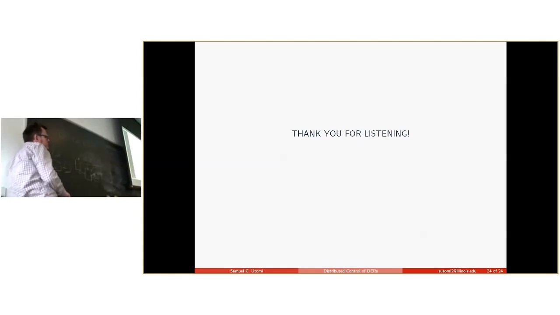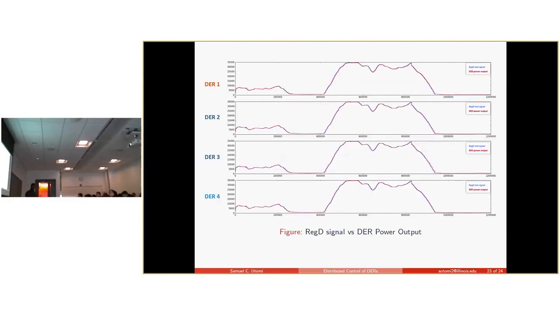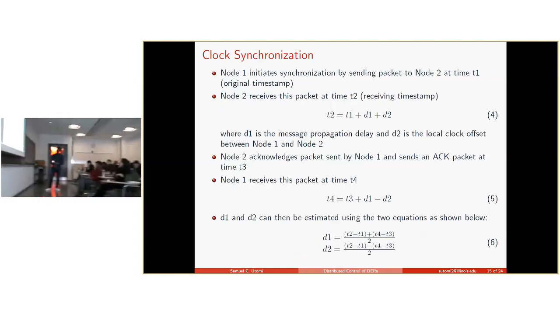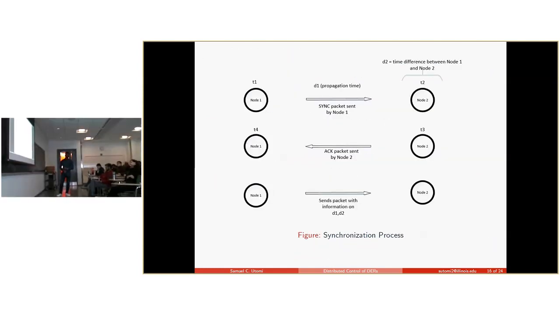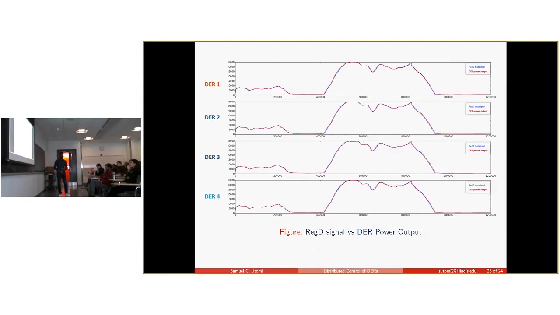I was going to ask, can you comment on the delay you pointed out on slide 23? Yes. You said there was a delay between the ready signal and the response. Yes. When the ISO sends the regulation signal to the aggregator, there's a certain amount of time the consensus takes before actually updating the value.